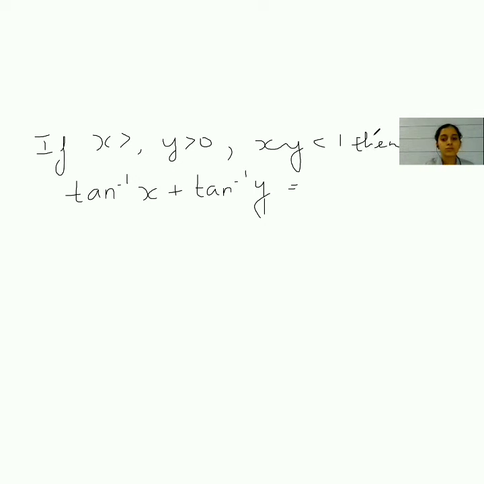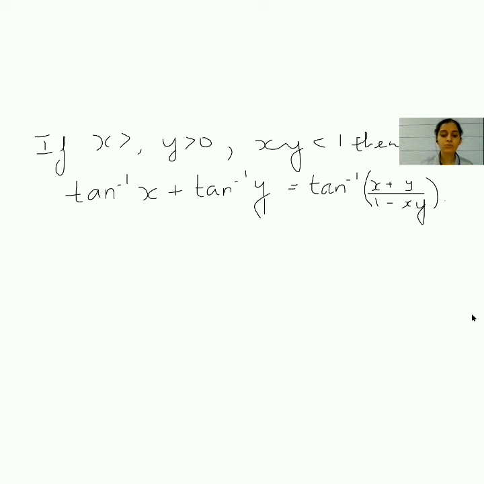This is similar to that. So it will be tan inverse of bracket x plus y upon 1 minus xy. This is the property for tan only when x and y are greater than 0 and xy is less than 1. Okay, so these are the properties that we should know before we start with the next exercise.